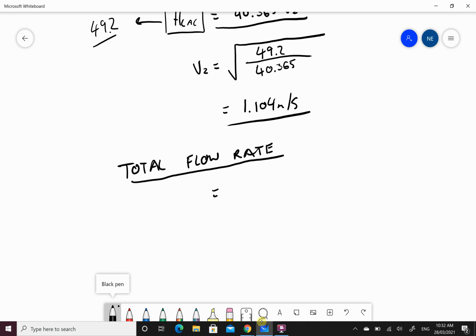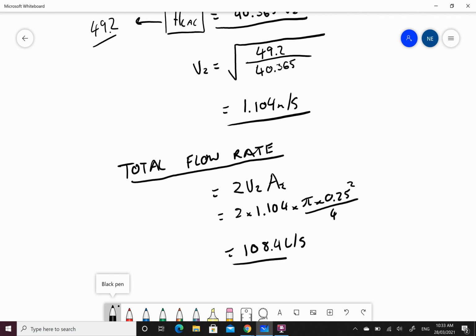Because I've got 2 pipes, it is equal to 2 V2 times A2, which is 2 times 1.104 times pi d squared all over 4, which equals 108.4 liters per second.